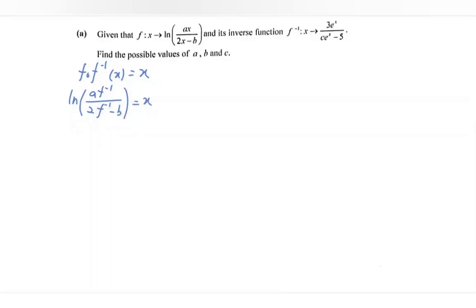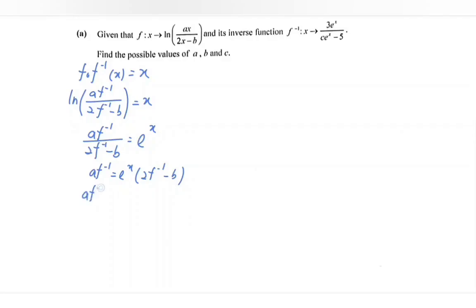which is equal to x. So kindly exponentiate, or we can say transform the ln into exponent form. So we have a f inverse over 2 f inverse minus b equals e to the power x. So kindly rearrange. A f inverse equals e to the x times bracket 2 f inverse minus b.